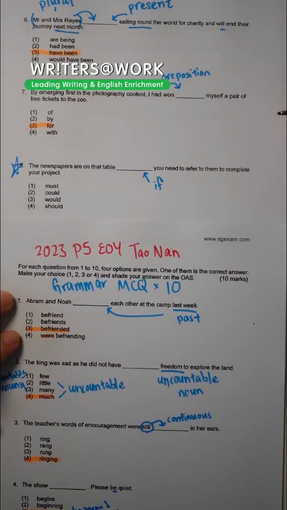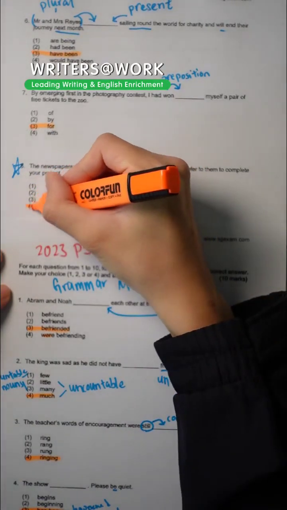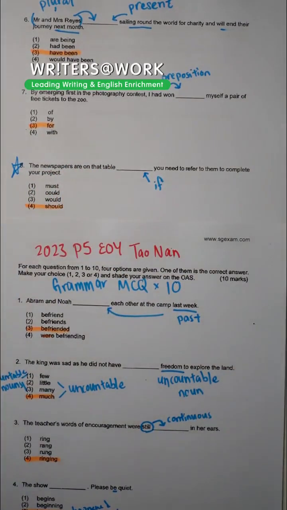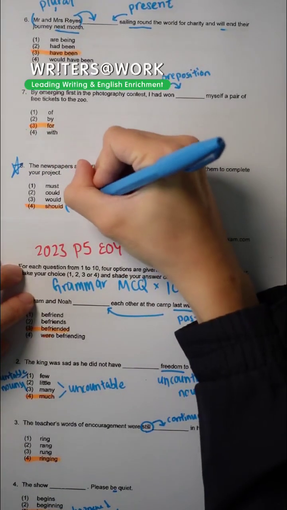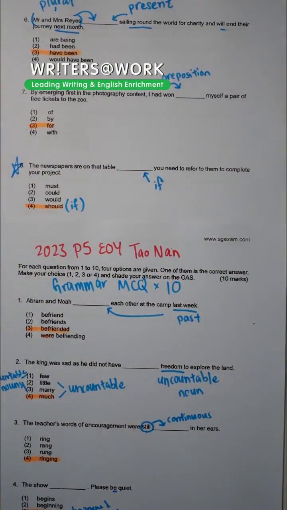So looking for a word over here that could have the meaning of if. In that case, the word that you should replace it with is option 4, should you need to refer to them. In this context, should has the same meaning as if. Should you need to refer to them, the newspapers are on that table.